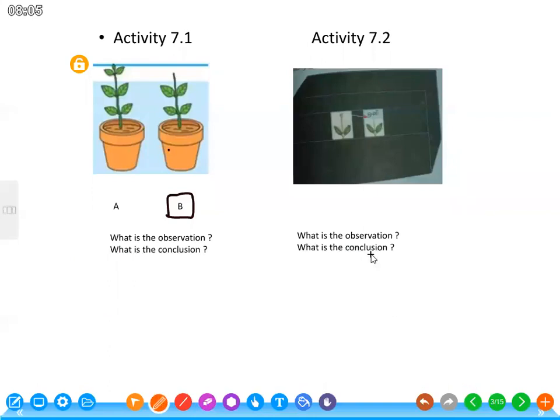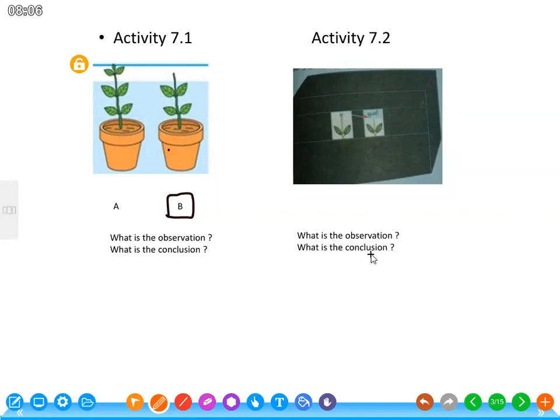Right. In activity 7.2, you take these 2 pots and place them inside a box covered with black paper. Then you provide light only from one direction. So what is the observation here?